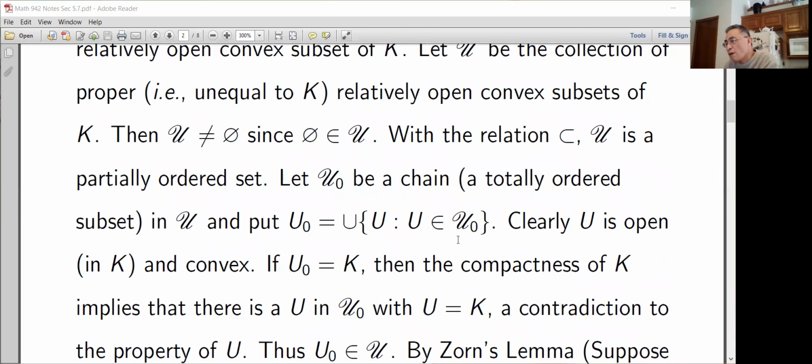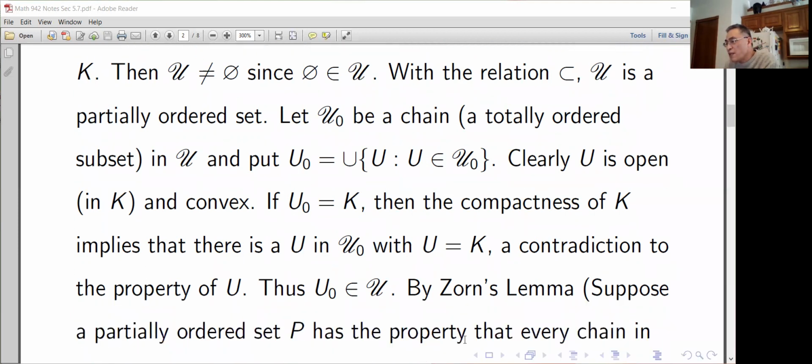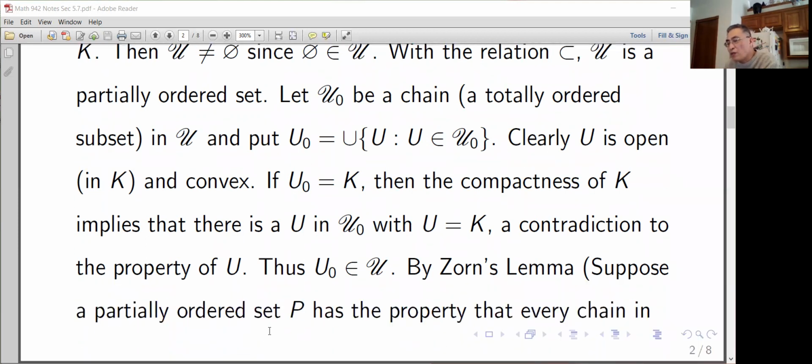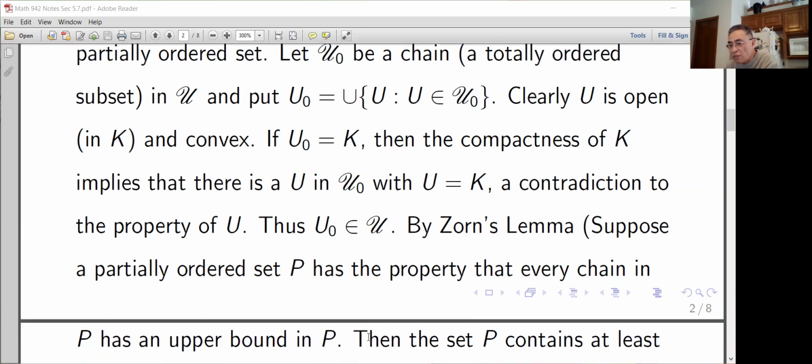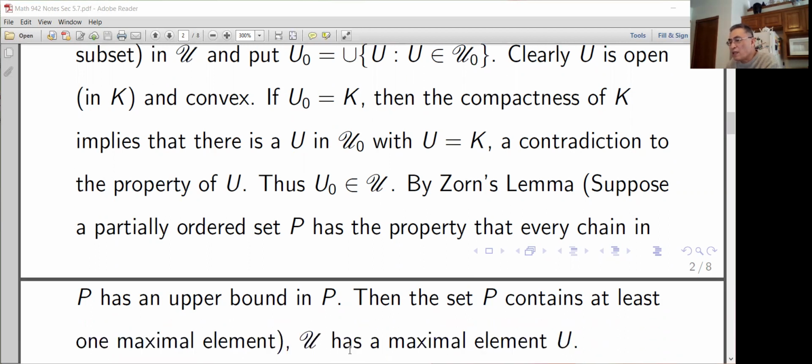By Zorn's lemma: suppose a partially ordered set P has the property that every chain in P has an upper bound in P. Then P contains at least one maximal element.